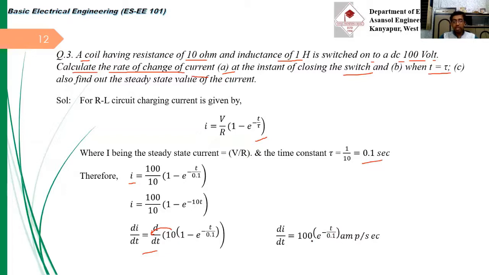Okay. So all total, the rate of change of current at the instant of closing the switch is 100 into e to the power minus t by 0.1, or you can write it as 100 e to the power minus 10t, ampere per second.